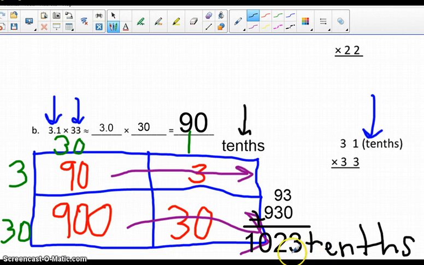So if this is tenths, in order to get our whole number answer, we need to divide by 10. You could even use a place value chart to do this. But 1 power of 10 over divided would be this way. Or you could even draw a little arrow. This is what we do in class. Arrow 1 over. So the answer is 102.3.